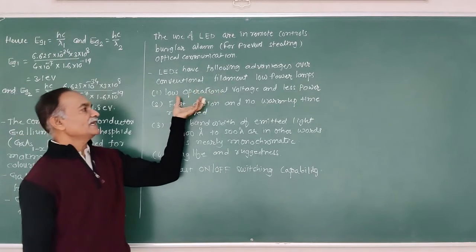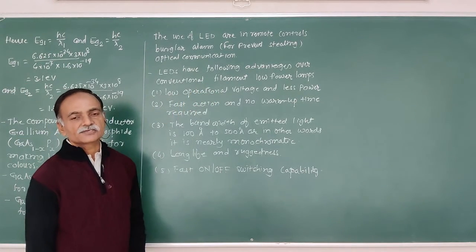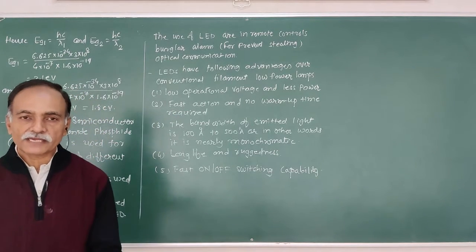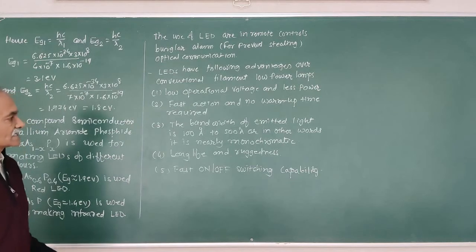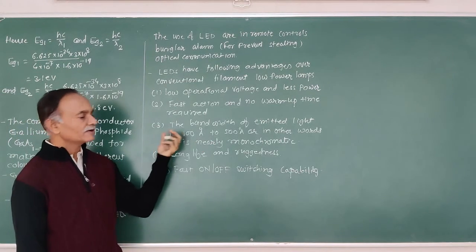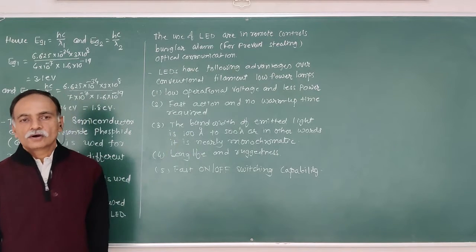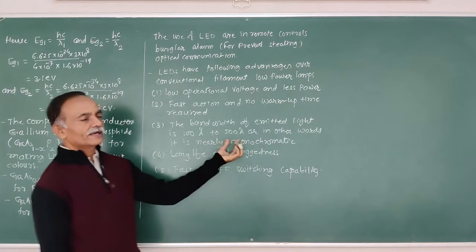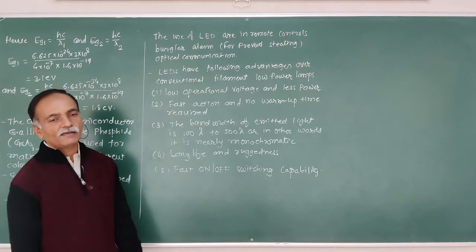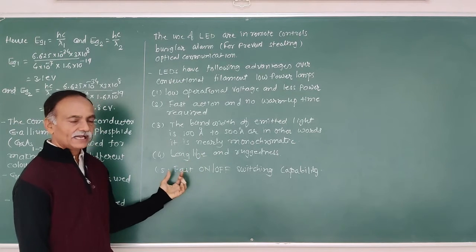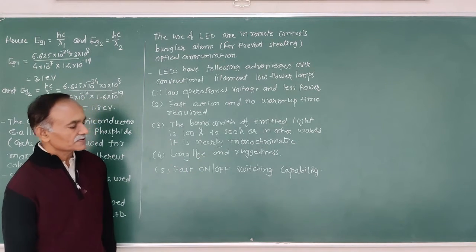The LED has low operating voltage and consumes less power. Second is the fast action and low warm-up time required. Third, the bandwidth of light emitted by the LED is in the order of 100 angstrom to 500 angstrom wavelength, or in other words, it is nearly monochromatic. And long life and ruggedness, and last is the fast on-off switching capability.